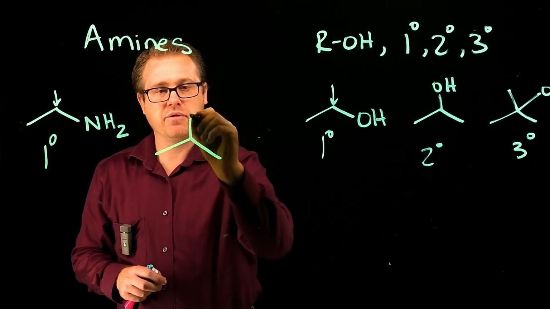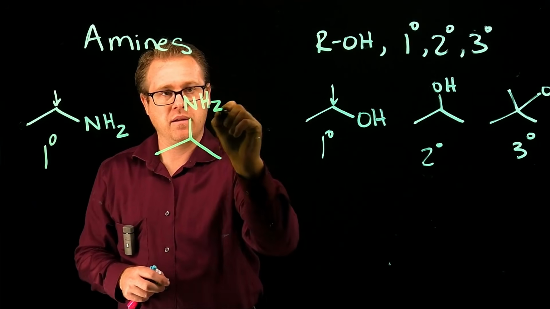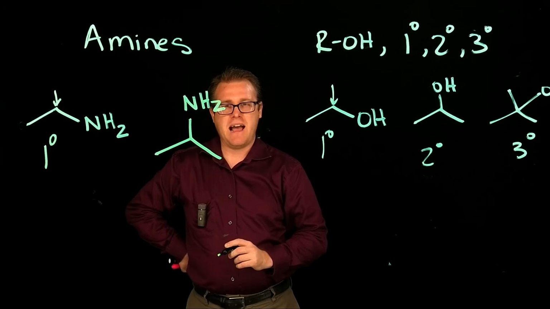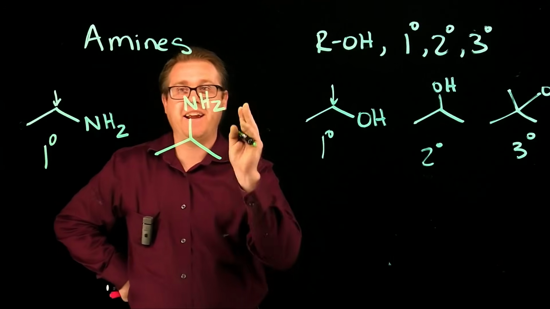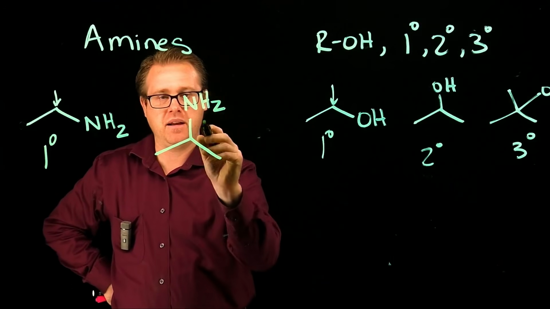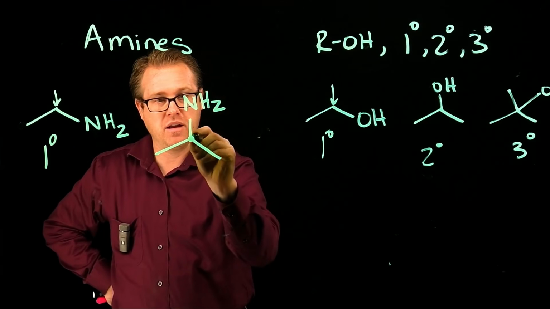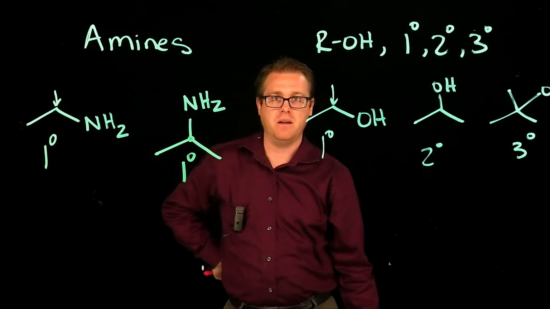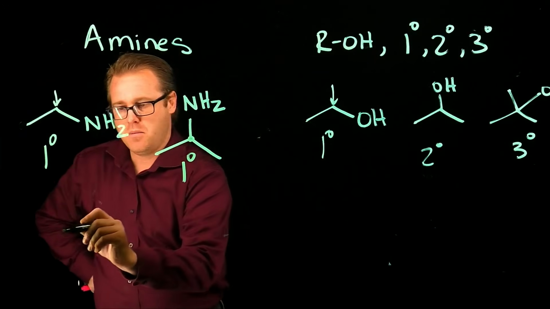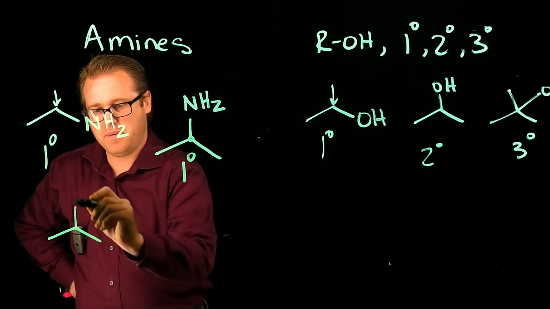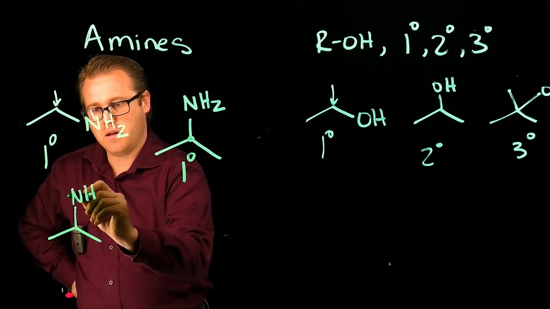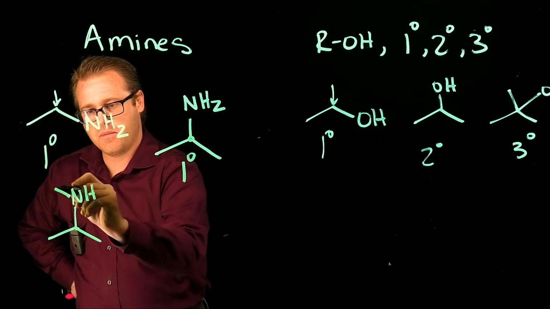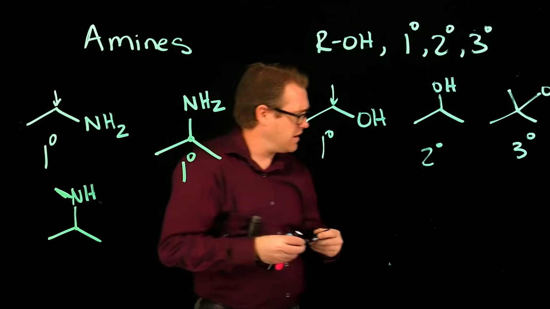What if I drew this guy? What degree of amine is that? How many carbons are directly attached to the amine or the nitrogen? 1. So this is also a primary amine. But what if I changed it up a bit? And let's put a carbon right there. Oh, that doesn't look good.